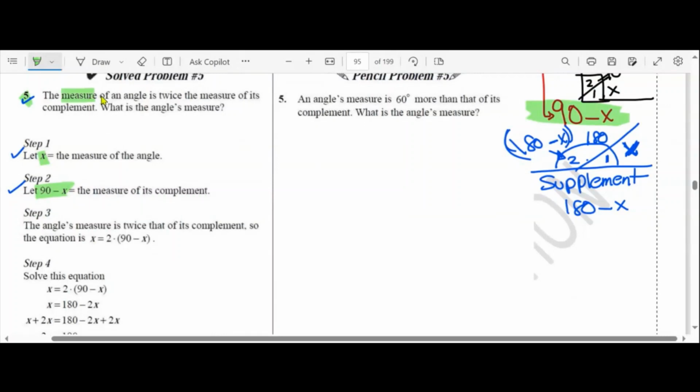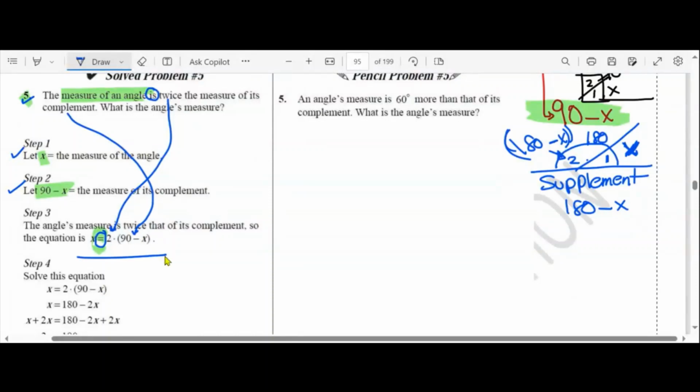So we said the measurement of an angle is, what does "is" mean? Equal. Twice, what does twice mean? 2. The measurement of its complement.